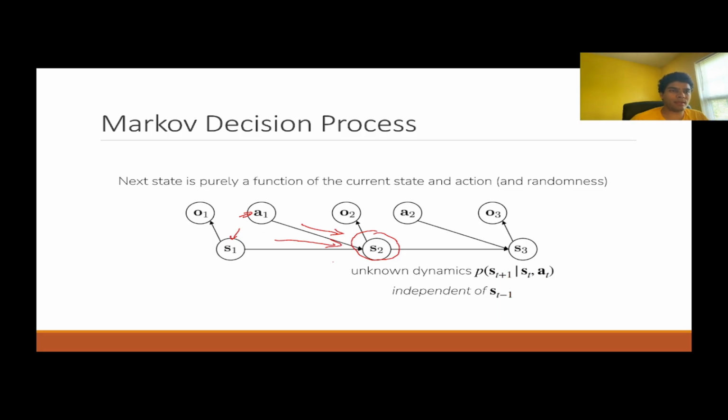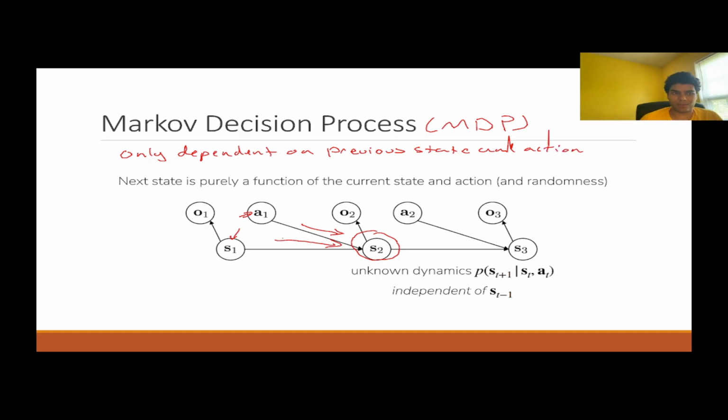But with this MDP, Markov decision process, we just assume that the next state is only dependent on the previous state and action. It's a simplification that we make, and it works well because you can't really add the stochasticness of the world to this model without really complicating it. So more formally, the next state is purely a function of the current state and action and randomness. They do take it into account, but it's hard to actually code that in.